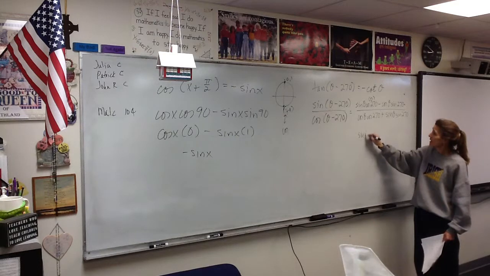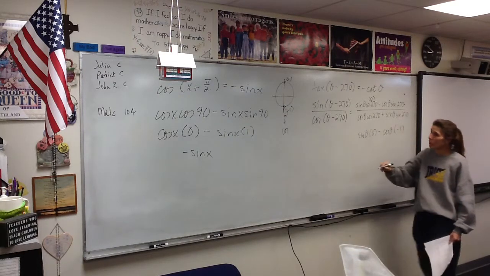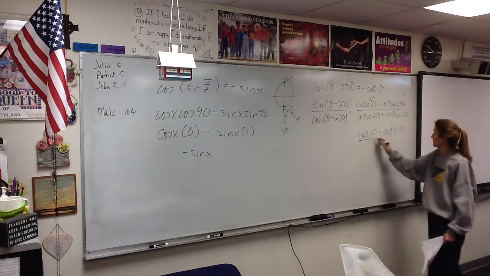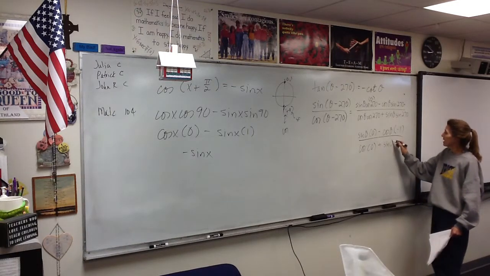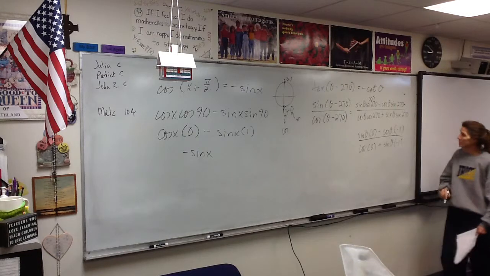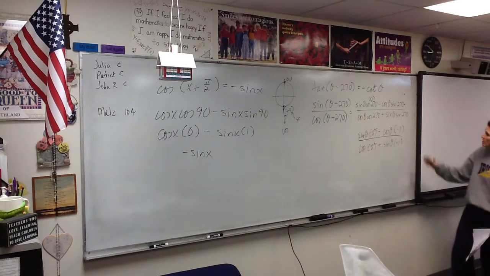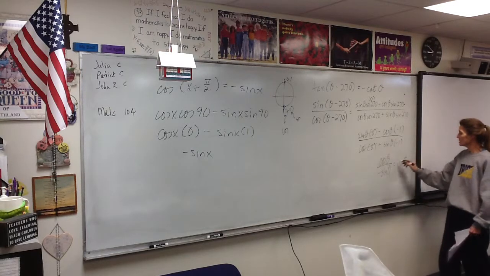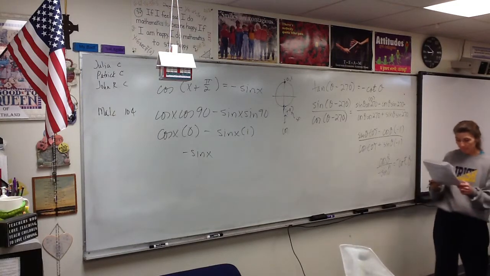So I have sine times 0 minus cosine times negative 1. The sine is negative 1. It is y. Over cosine times 0 plus sine times negative 1. These are gone, because when you multiply by 0, you just get 0. So on the top, I have a positive cosine, and on the bottom, I have a negative sine, which reduces to a negative cotangent. Awesome.